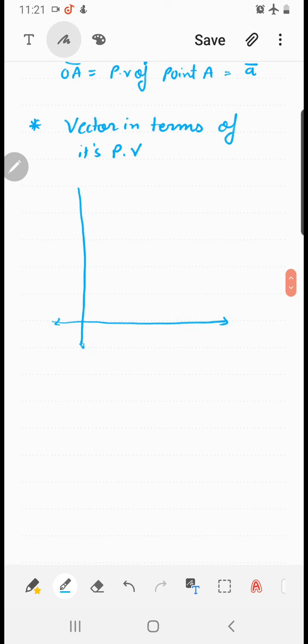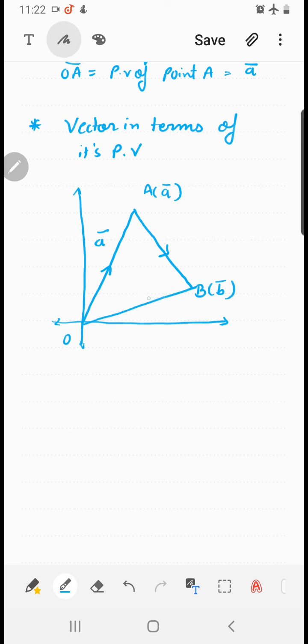The direction of AB bar would be from A to B. I just now said that every point has its own position vector. So, A will have A bar, B will have B bar. To show that, I connect A to the origin, and the direction would be O to A, and that is A bar. Likewise, I connect B to origin, and the direction is O to B, B bar.